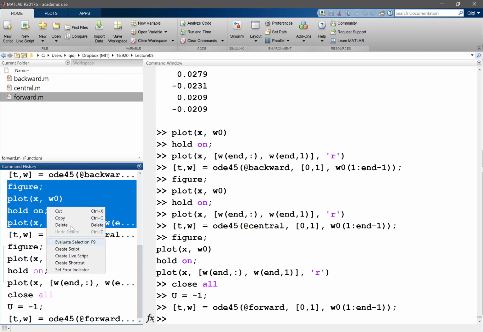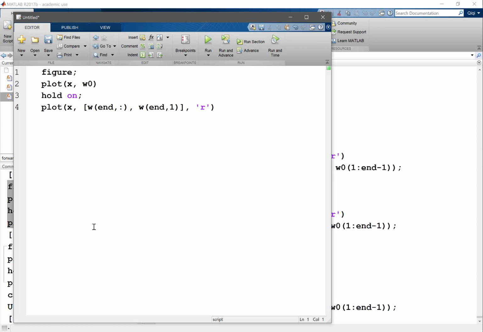By the way, if u is equal to -1, the analytical solution goes towards the left. But still, after it completes one period at t equal to 1, it should be exactly at the same location. So I'm going to evaluate it.